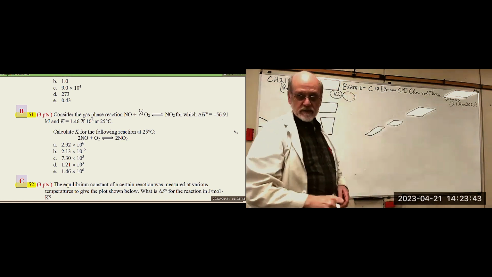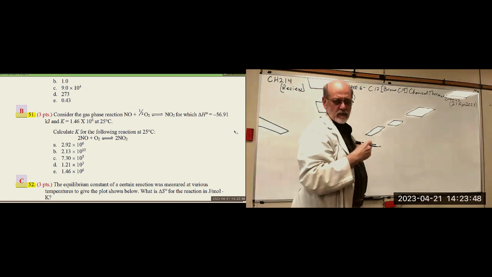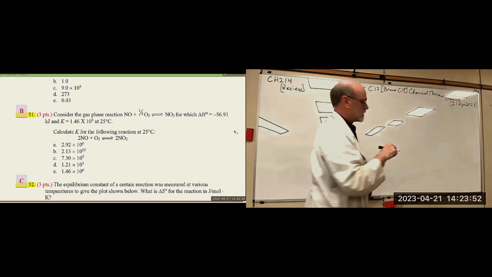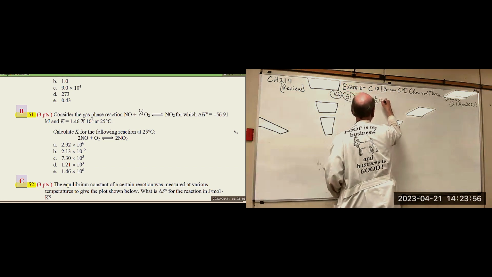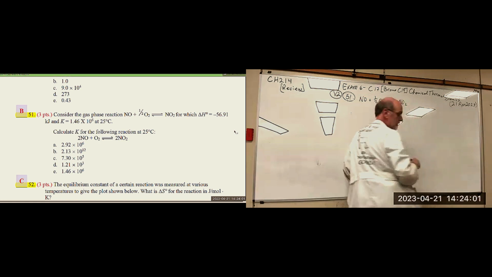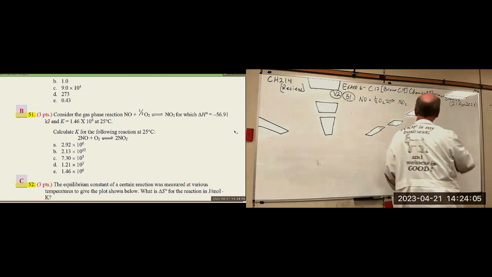Right, this is number 51. And we're starting off with the equation NO plus 1/2 O2 equals NO2. Delta H is minus 56.91.